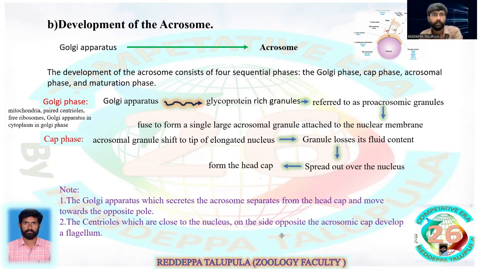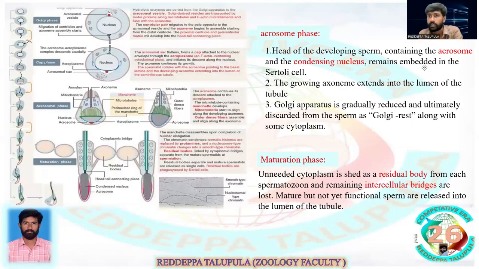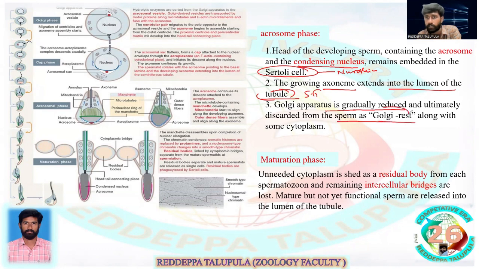Next slide. See, acrosomal phase. The head of the developing sperm, contained in the acrosome and the condensing nucleus, remains embedded in the Sertoli cell because these are the nourishing cells. The growing axoneme extends into the lumen of the tubule, that means the seminiferous tube. The Golgi apparatus is gradually reduced and ultimately discarded from the sperm as Golgi remnants, along with some cytoplasm.